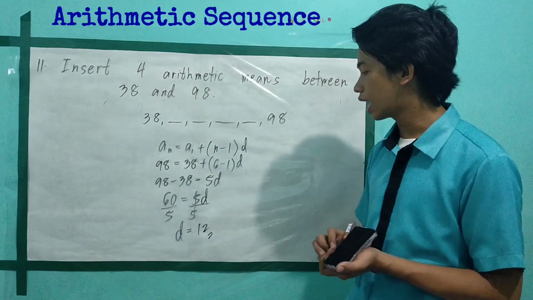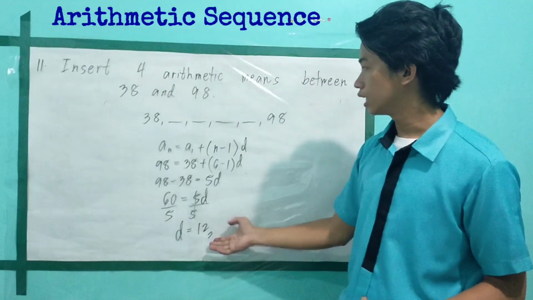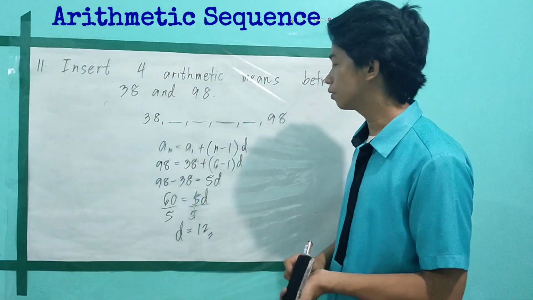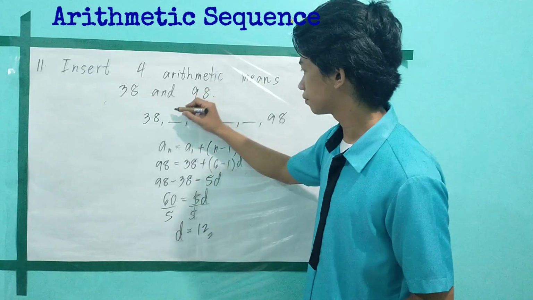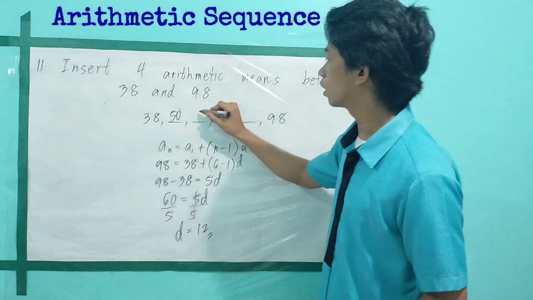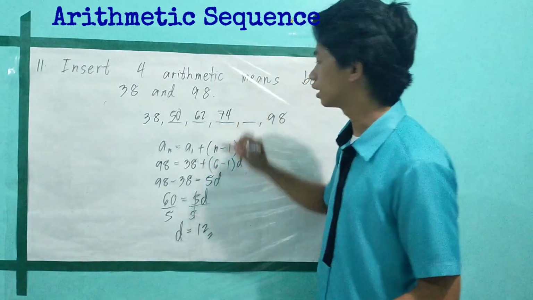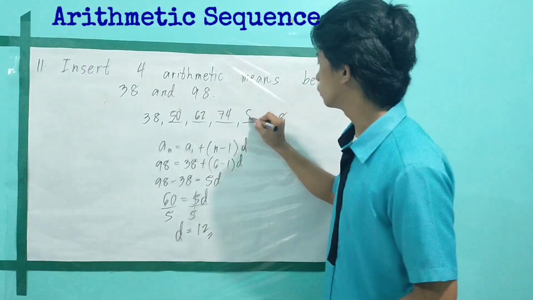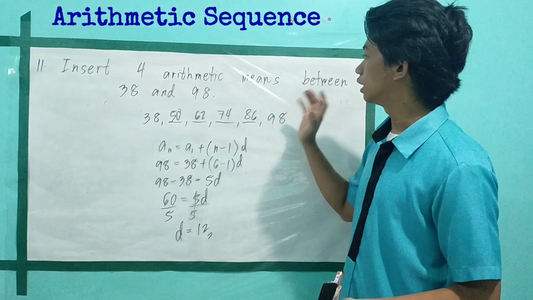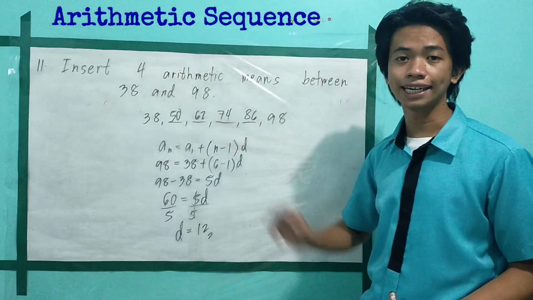Now, nahanap na natin or nasolve na natin yung common difference. Ayan. I-add na lang natin siya sa preceding term. So, 38 plus 12, we have 50. 50 plus 12, we have 62. 62 plus 12, we have 74. 74 plus 12, we have 86. So, the four arithmetic means in these given problems are 50, 62, 74, and 86.